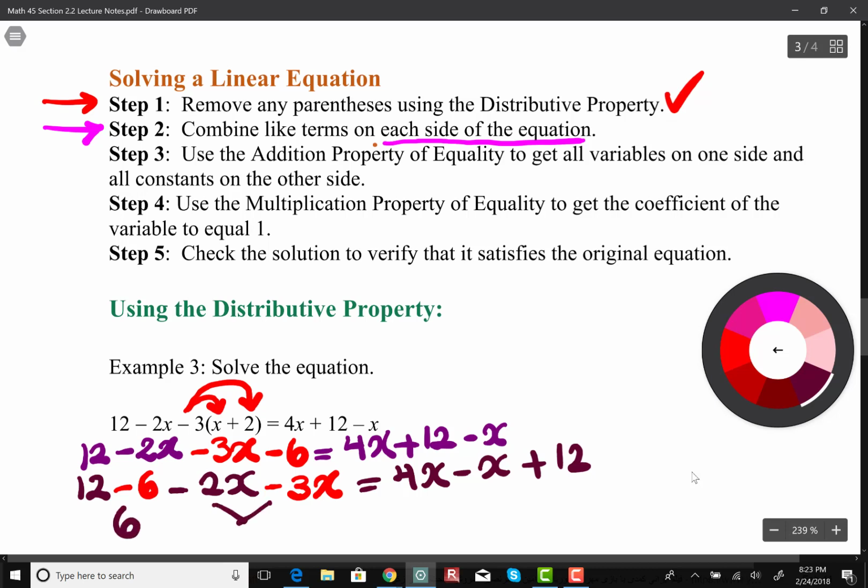The negative 2x and negative 3x combined, you get negative 5x. On the right side, positive 4x and negative 1x is going to give us 3x plus 12.